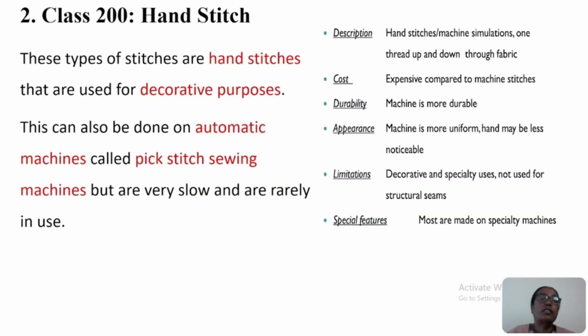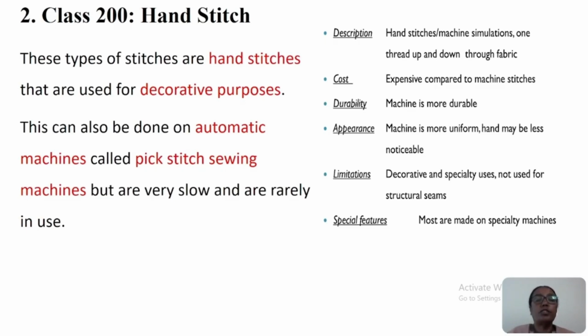Another, class 200. This class 200 is a hand stitch. This stitch is used only by hand. Nowadays, with the development of technology and different machineries, some hand stitches are done with machines.